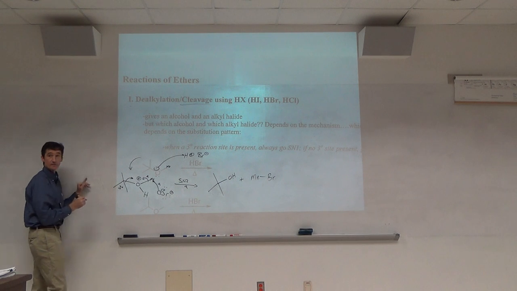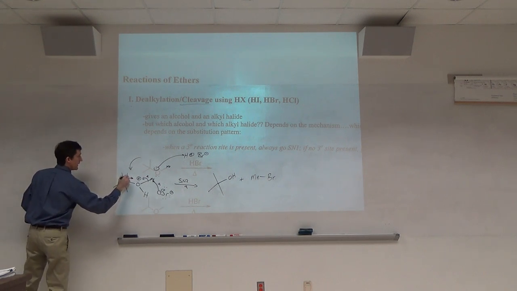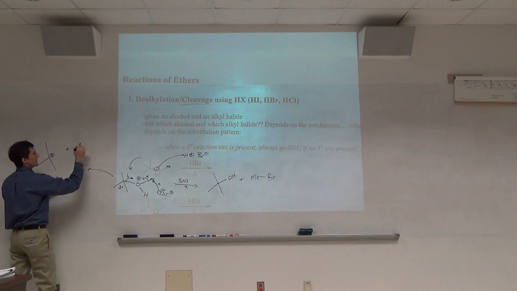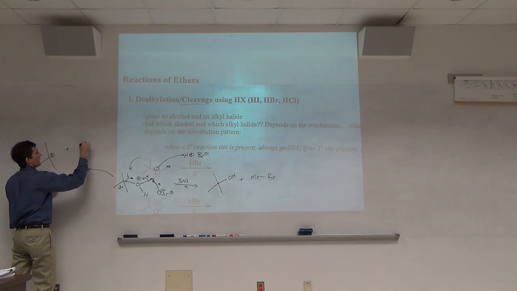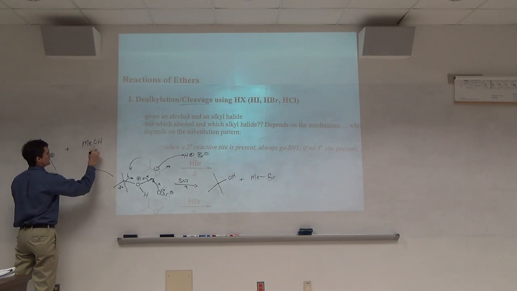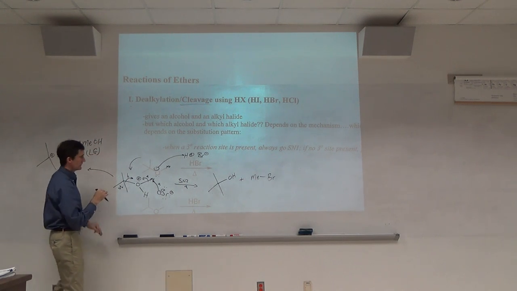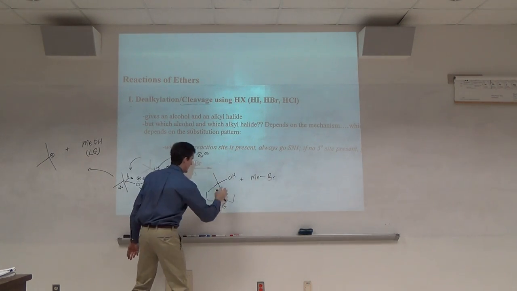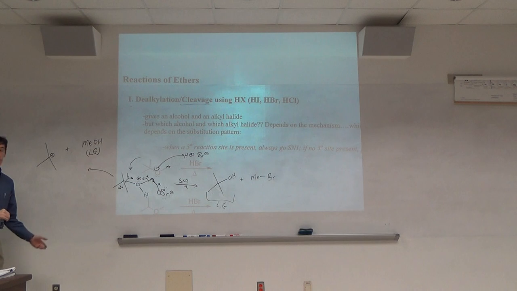Somebody said it, ionize. This is the alternative pathway. If we ionize, what would we get? That cation plus what? Plus methanol. That was the leaving group. Actually, in both cases, the alcohol is your leaving group.